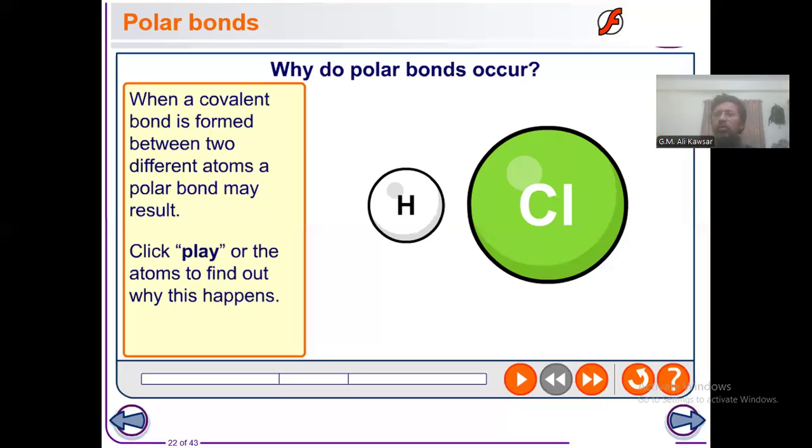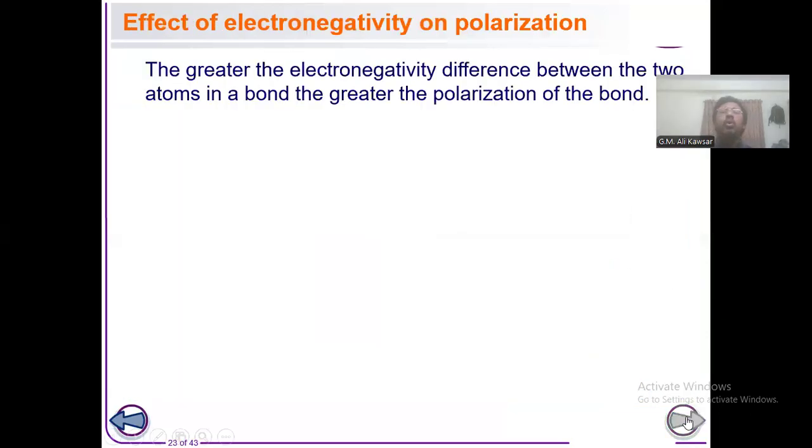It should have polarization, and this type of bonding will show some ionic characteristics. So polar bonds will always show some ionic character, as you will see partial positive charge and partial negative charge. I hope you have understood, students. I will explain it more in the next slide.